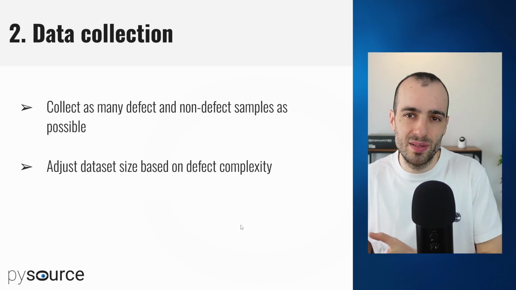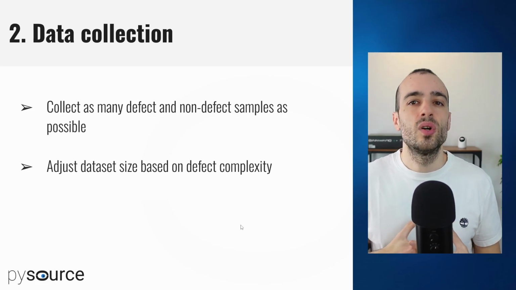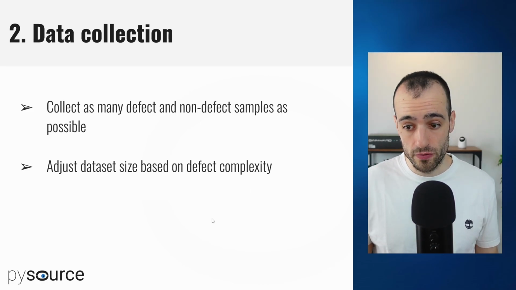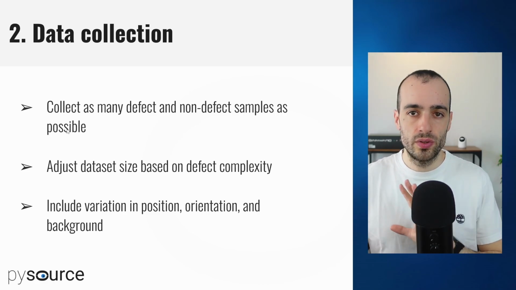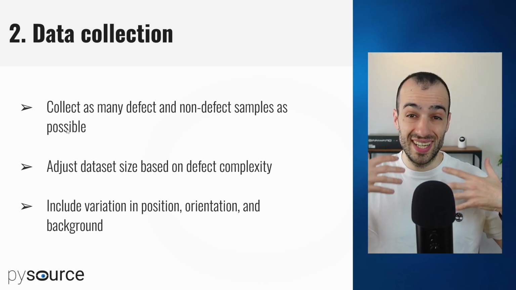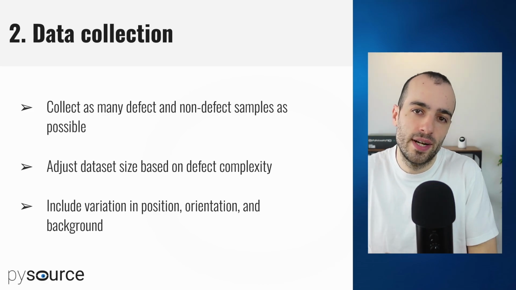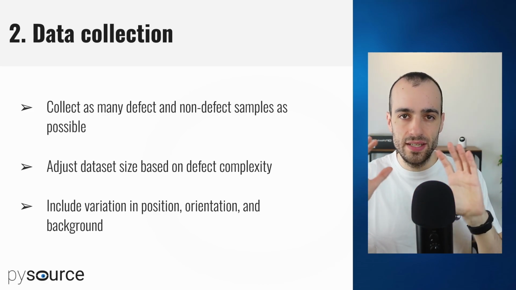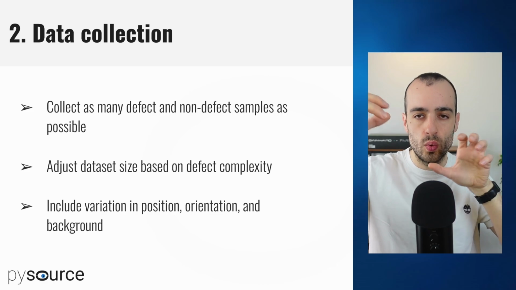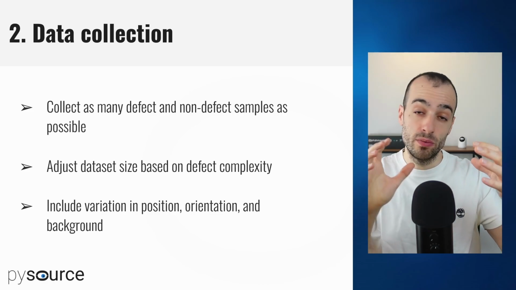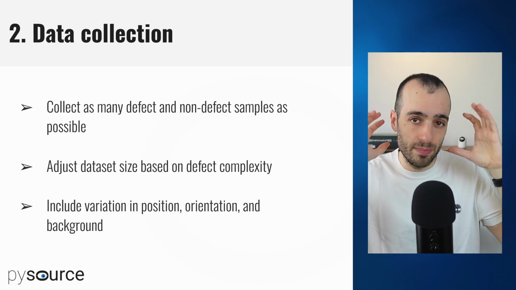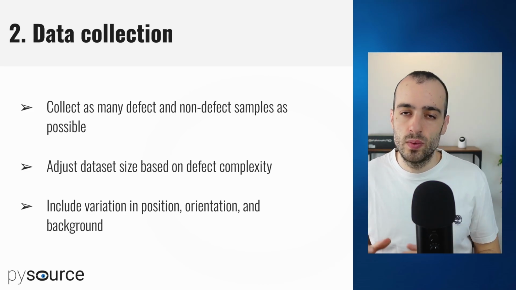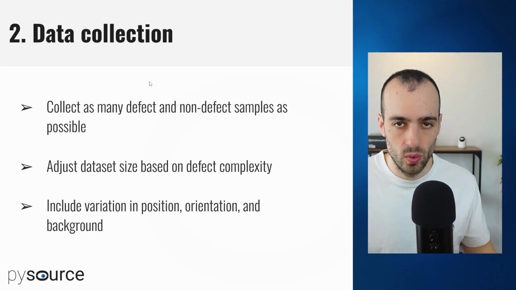Of course, the more the better, but understand that it's not always possible to have many of them. Also make sure that you include variation in position, orientation and background, because we need to add diversity if diversity is part of the project. So if we have different types of boards, or if the boards are not always placed in the same position, make sure that they respect the real world scenario that's going to happen. So let's take the pictures as they are without trying to perfect them only for the dataset.